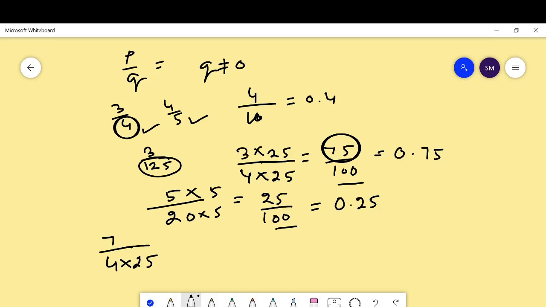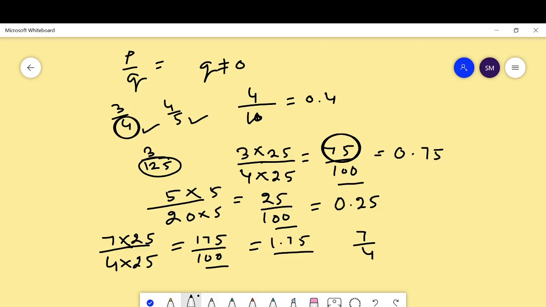When we multiply by 25, we must multiply the numerator and denominator both by 25. Then this is 175 upon 100. In 100 there are 2 zeros, so we require 2 numbers after the decimal. Then 175 upon 100 can be written as 1.75. This is the decimal form of 7 upon 4.